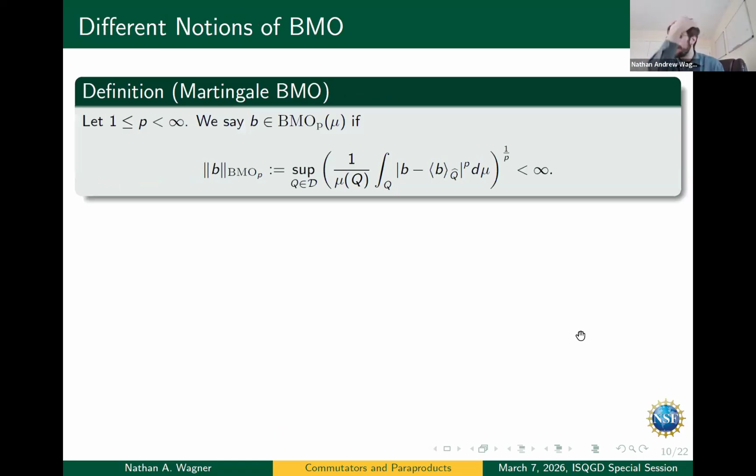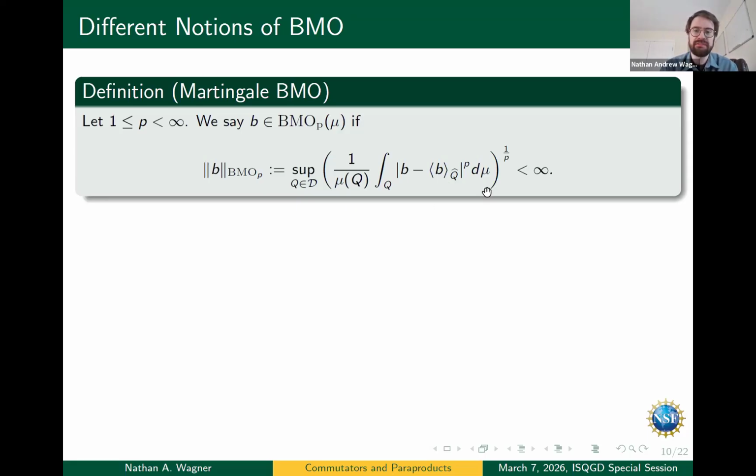There are several BMO spaces that are going to play a role here. Now our BMO spaces are defined with respect to a Borel measure mu, which a priori has no doubling or other regularity assumptions. So we actually need to consider a few different variants of the classical BMO space. The first one is what's known as the martingale BMO space.